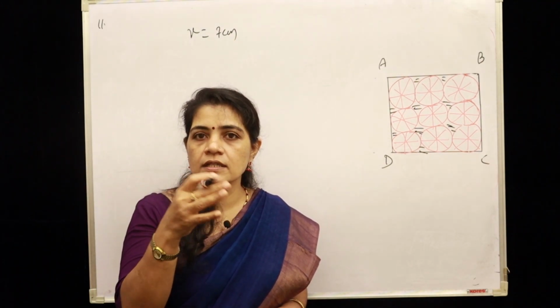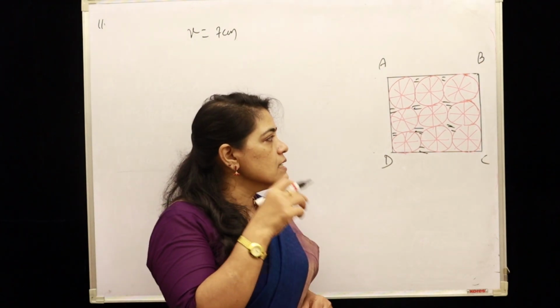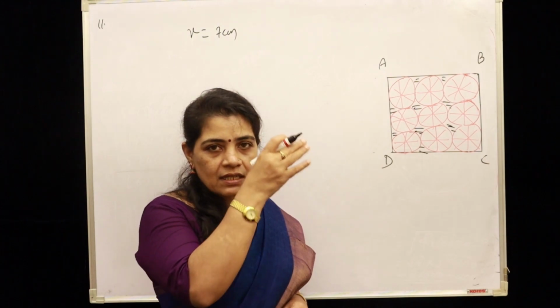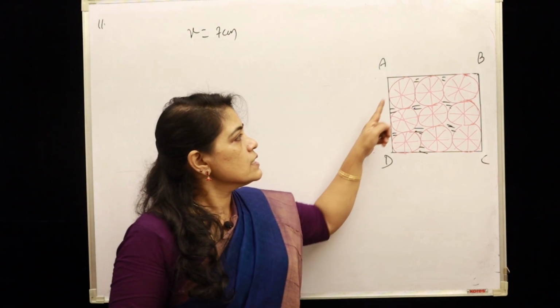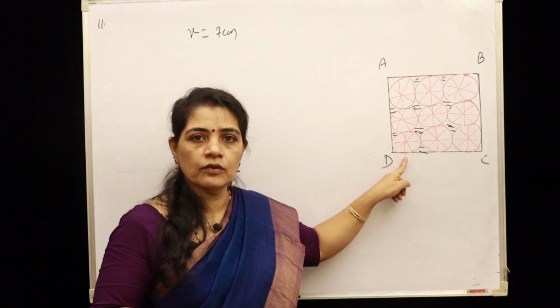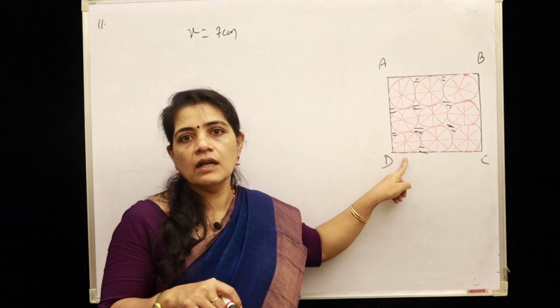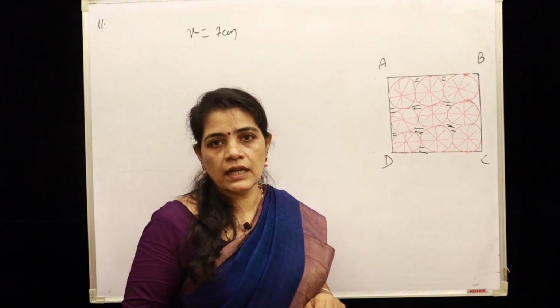Area of the square is side into side, but the side is not given. Since there are 3 circles in each row and each column, the sum of the diameters of 3 circles will be equal to the side of the square. Is it clear, children?